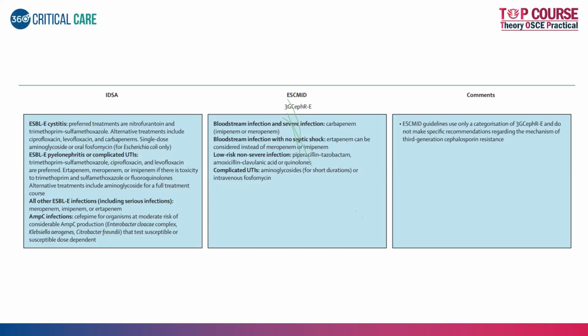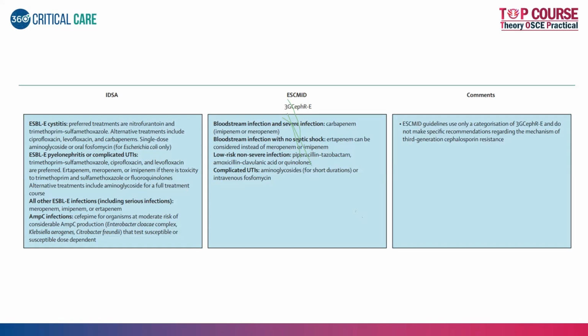So that is the duration of therapy which has been mentioned for gram-negative MDR sepsis. The next recommendation is again for ESBL pyelonephritis or complicated urinary tract infection. Here you can give this patient Septran or levofloxacin or Ciplox.